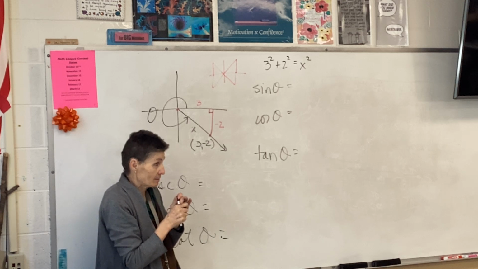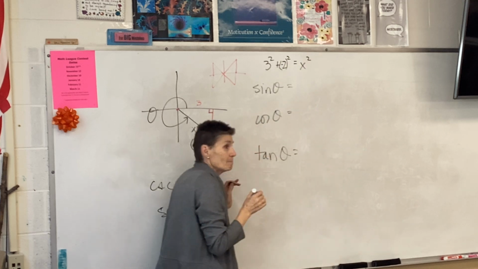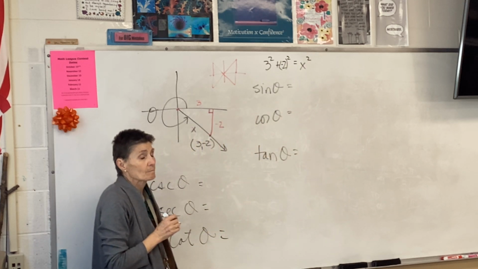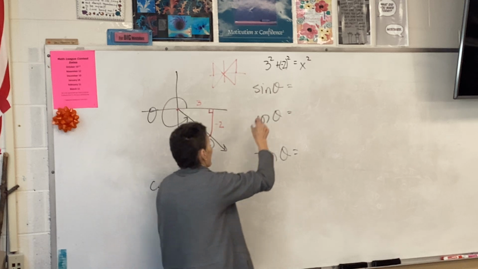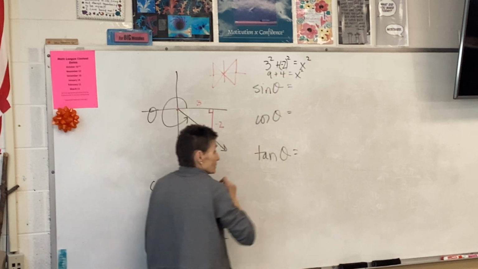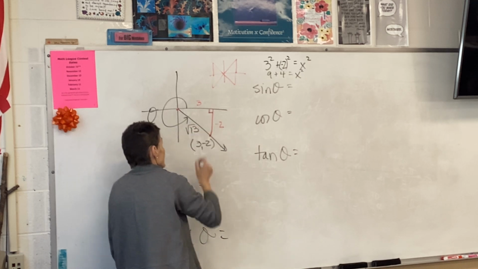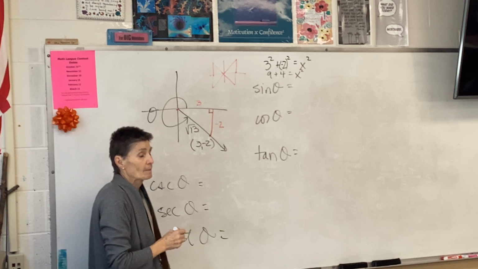It becomes positive, right? So if you want to make that -2, I don't care, it won't change a thing. So I have 9 plus 4, square root 13. So this guy's gonna be the square root of 13, that's exactly right.